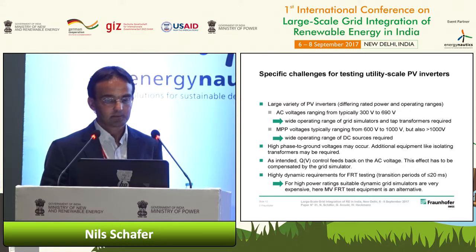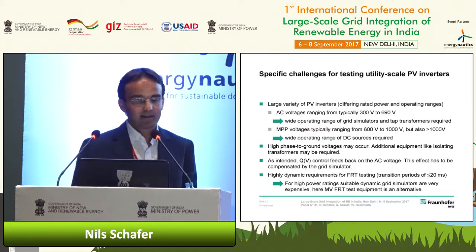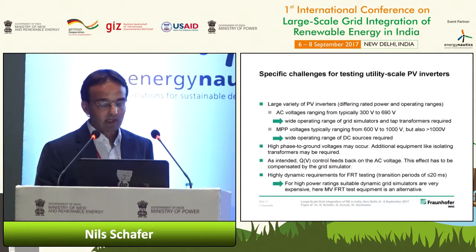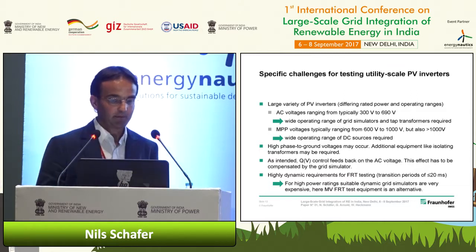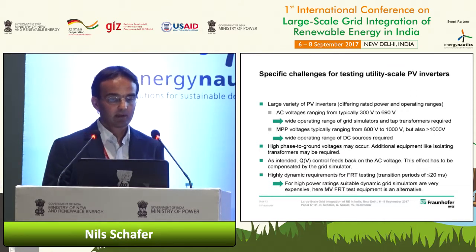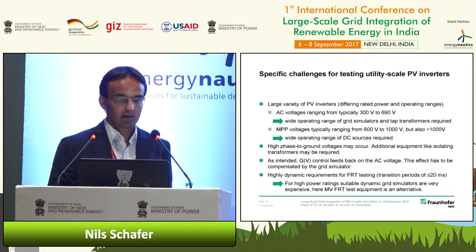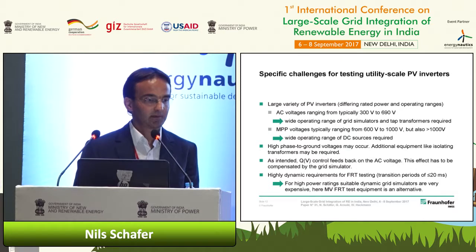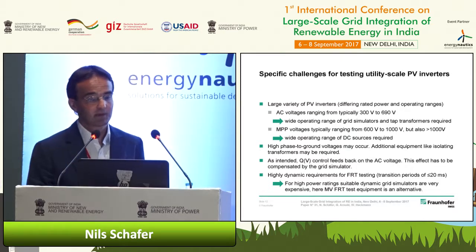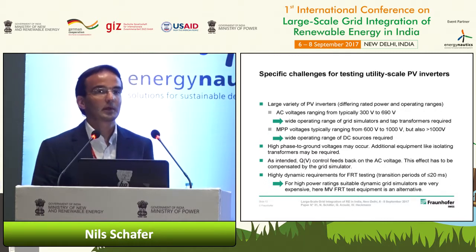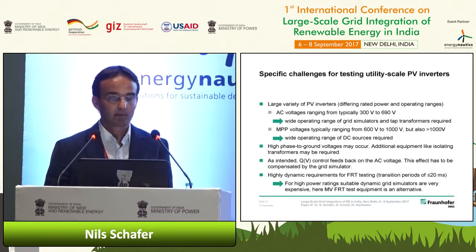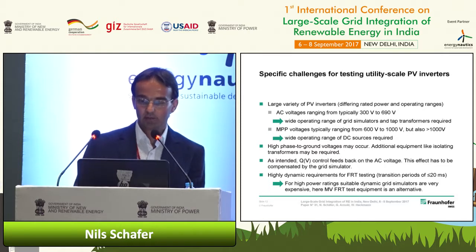And so at the last point, I think this is important. So for high power ratings, let's say above 100 or 200 kilowatt, grid simulators are not economically feasible, so it's very expensive. So therefore, for this, medium voltage test equipment is the best solution, we think.